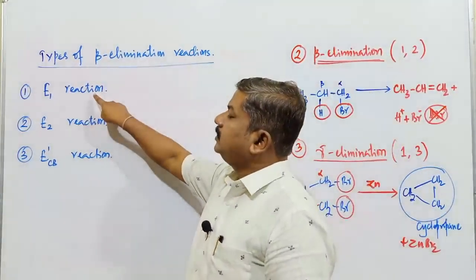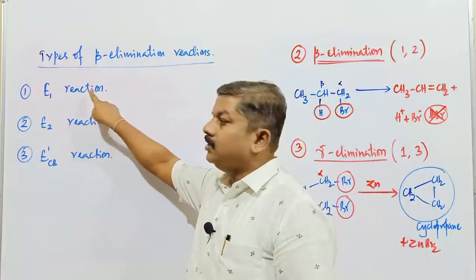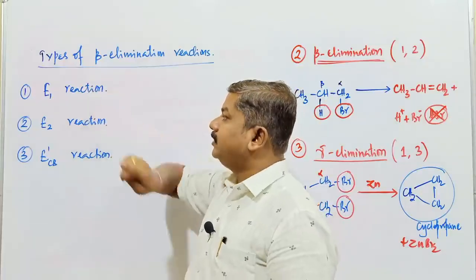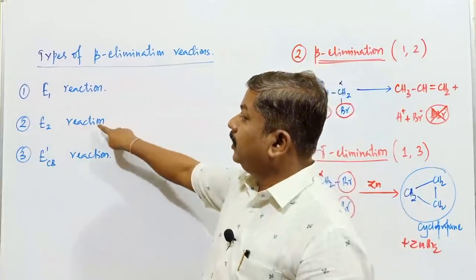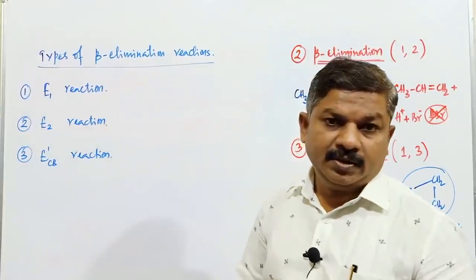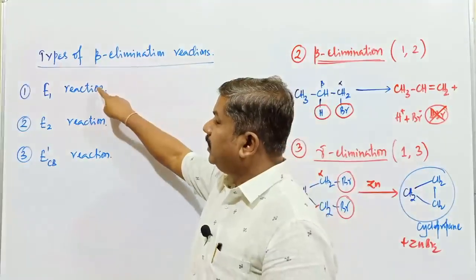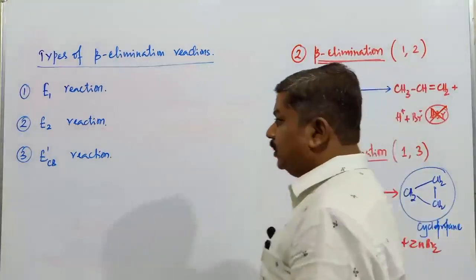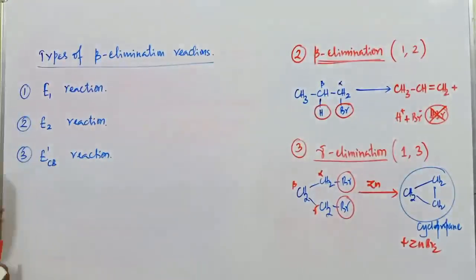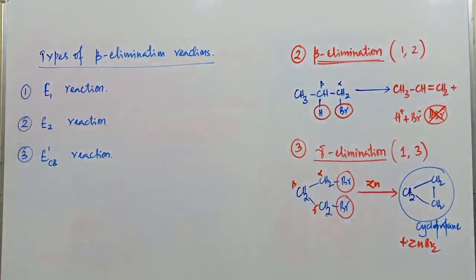E1 reaction is generally known as what? Unimolecular elimination reaction. Similarly, E2 reaction is commonly known as bimolecular elimination reaction. Then what is the difference between E1 as well as E2 reaction? Under what condition E1 reaction takes place?